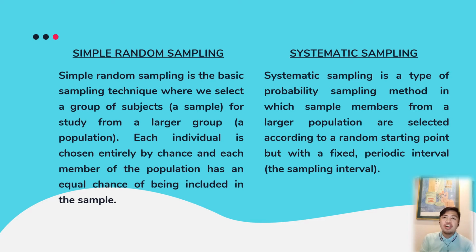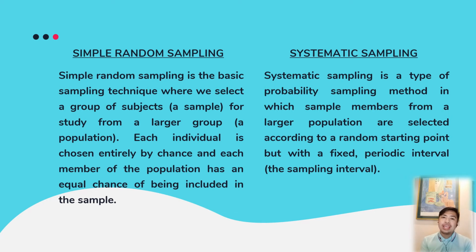You list all the names of the members of the population, and then punutan. So that will be simple random sampling. What else? You may assign a number to each member of the population. That's yung number yung i-draw lots nyo. That would also fall under simple random sampling.